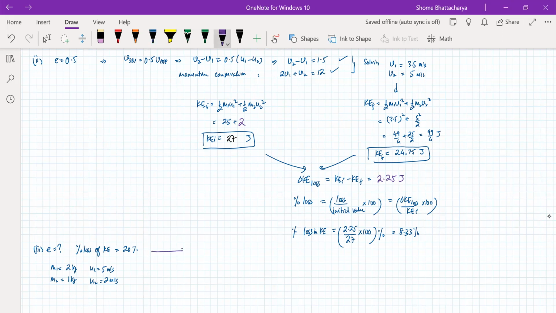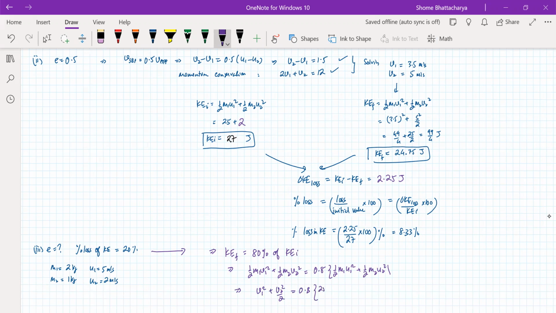So this statement implies that the final kinetic energy is 80% of the initial kinetic energy. That means half m1 v1 square plus half m2 v2 square is 0.8 times half m1 u1 square plus half m2 u2 square. So this is 0.8 times the initial kinetic energy, which we already saw, it's 27 joules.